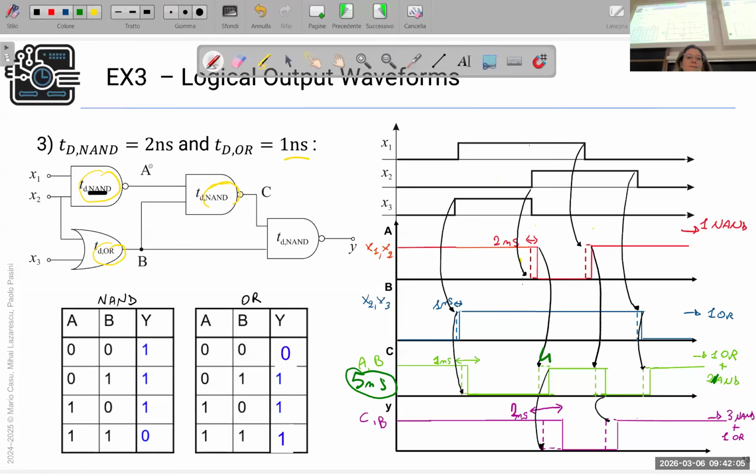Yes, but this cannot happen at the same time, as he was saying, because to obtain the change of A, you have to wait 2 nanoseconds, okay? And then you have to pass A to this NAND. And then to have C, you have to wait another 2 nanoseconds. So it's 4.